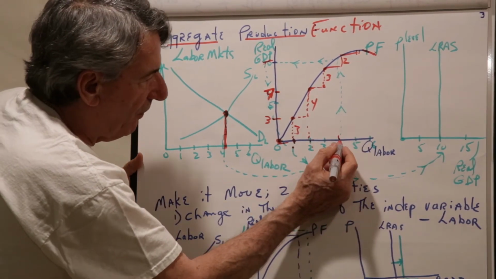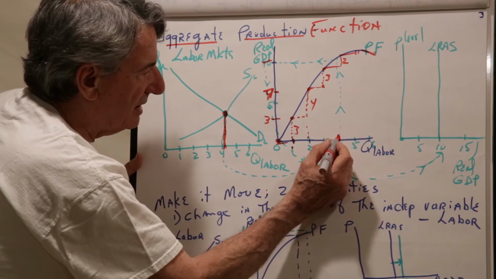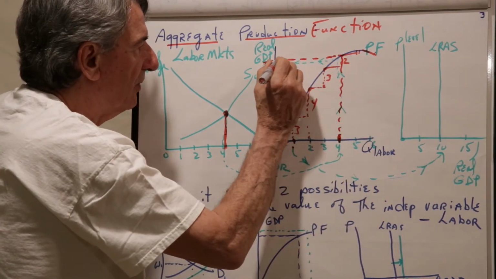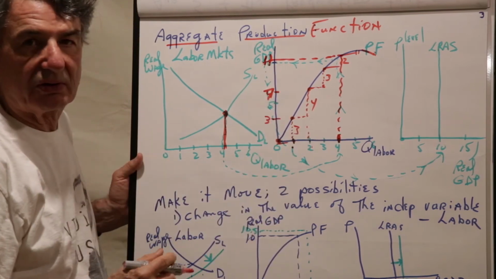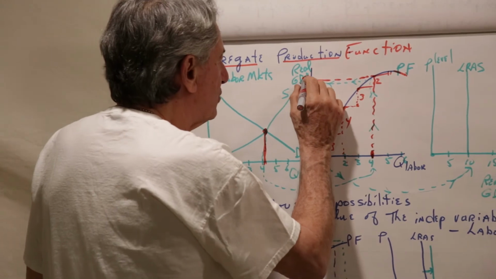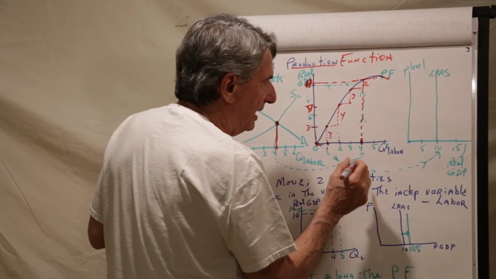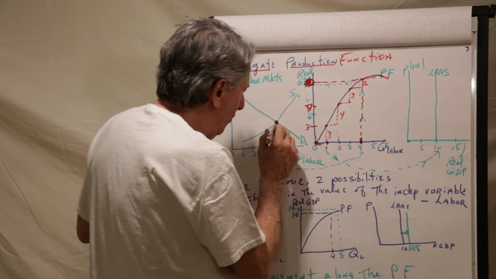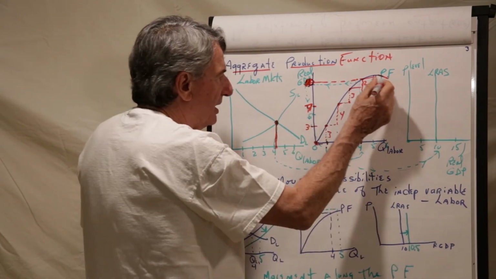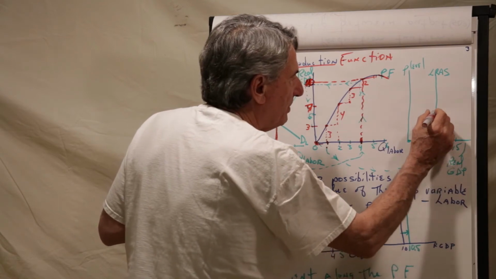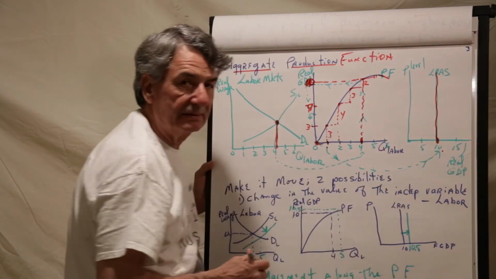If we plug 400,000 workers into this production function, it tells us that we will get $11 trillion worth of output, real GDP. And if there's $11 trillion, whoops, let's make it 10, then when the labor markets are in equilibrium, given all our resources and technology and so forth, our long-run aggregate supply curve will be at 10 trillion.